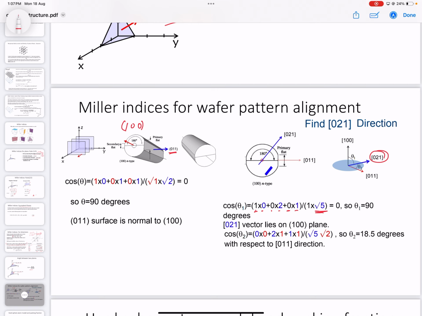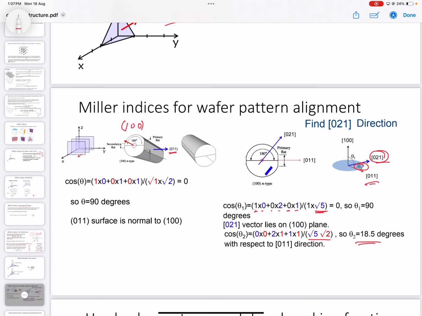To find this theta, I can take a dot product, so the cos theta 2 here is the dot product between these two vectors normalized to their magnitudes, and this theta 2 will come out to be 18.5 degrees with respect to the 0 1 1 direction.